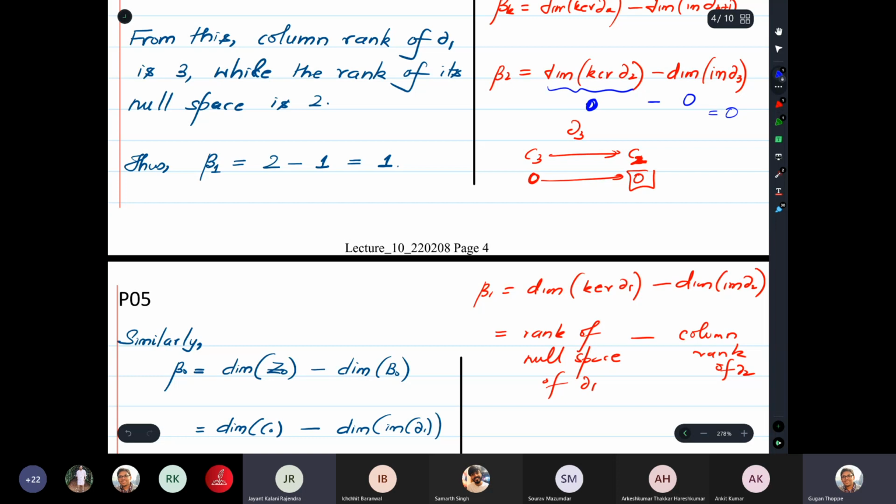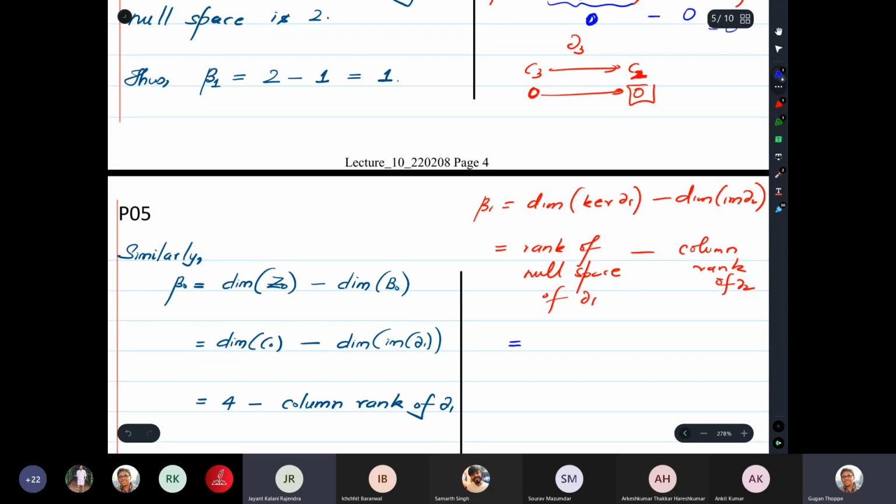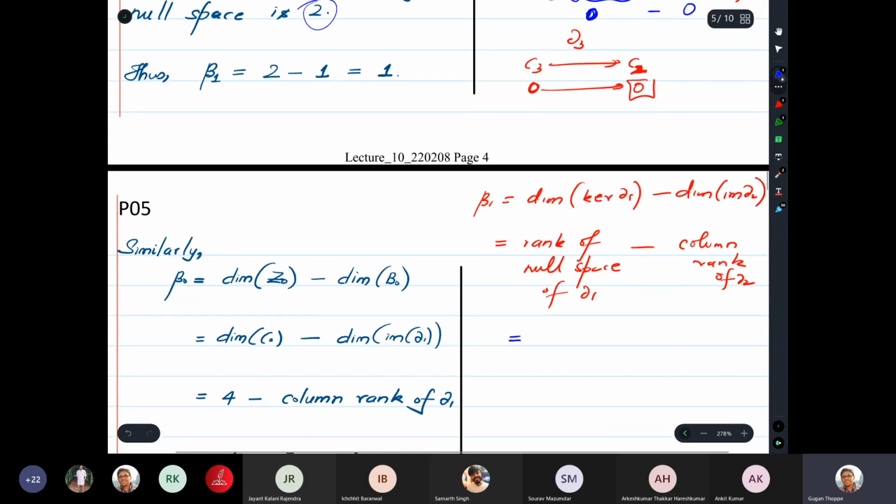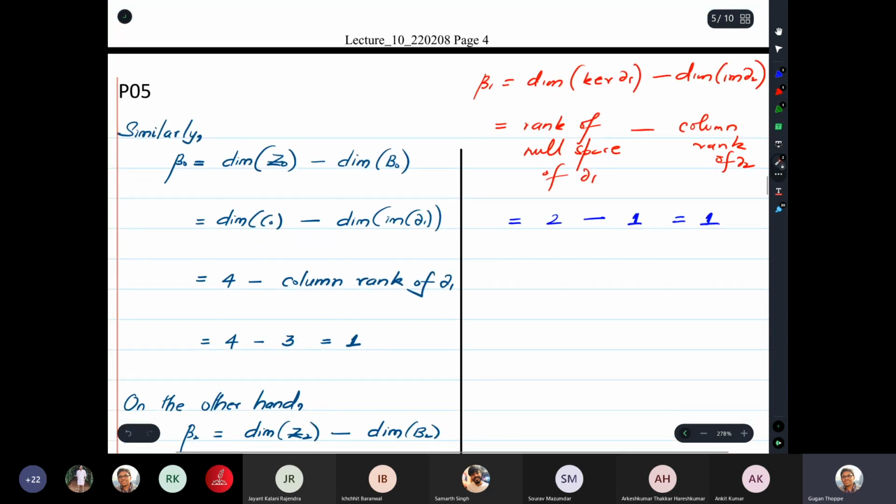We now know that the rank of the null space of ∂1 is 2, so I can write 2 over here, minus the column rank of ∂2. So this is 1, and we end up with 1 over here. Is this okay? So we finally see that beta 1 is 1, and this is what we expected, because recall what the given simplicial complex was. It had vertices 1, 2, 3, 4, and this was the triangle that was filled, and this was the cycle that was hollow, and that's why one expected that beta 1 turned out to be 1.